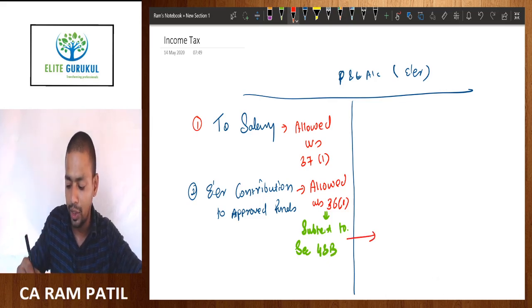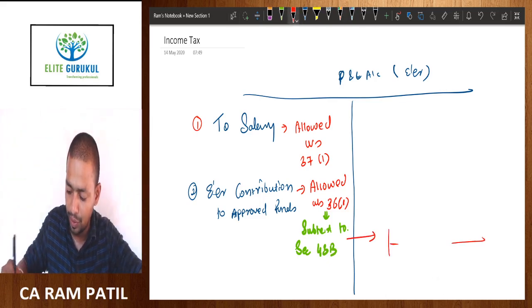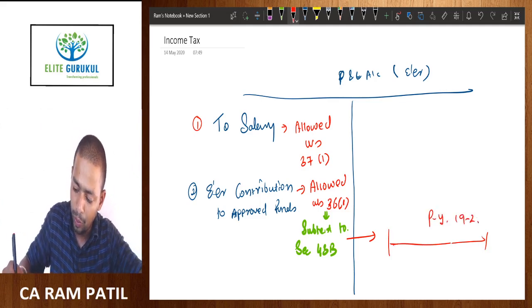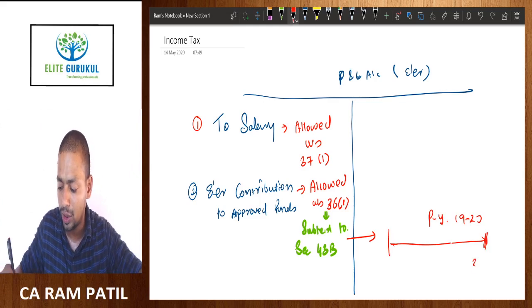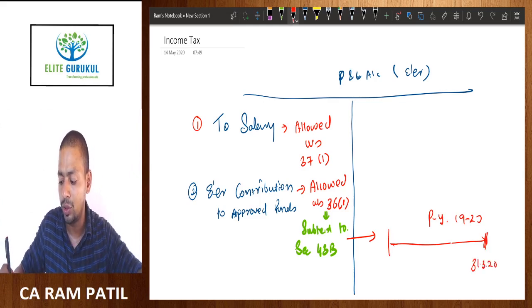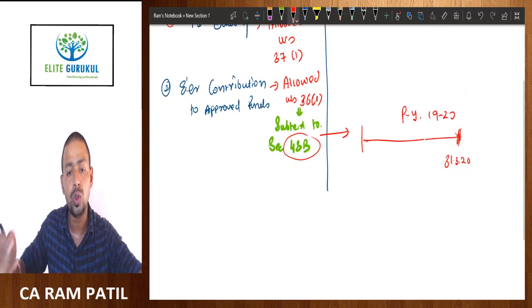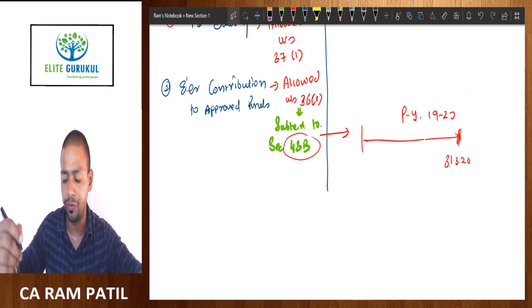What do you mean by subject to section 43B is this? It is allowed as a deduction. So this is your previous year, okay? This is your previous year 1920, which has ended on 31st March 2020. So section 43B doesn't ask you to make payment on immediate basis before 31st March.